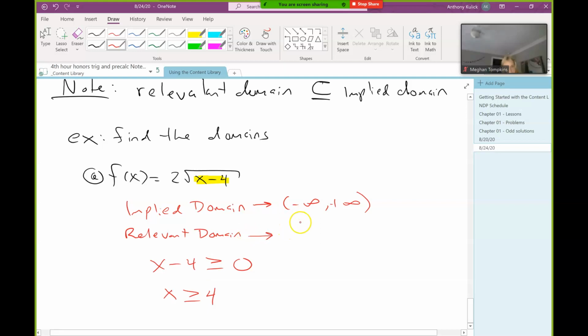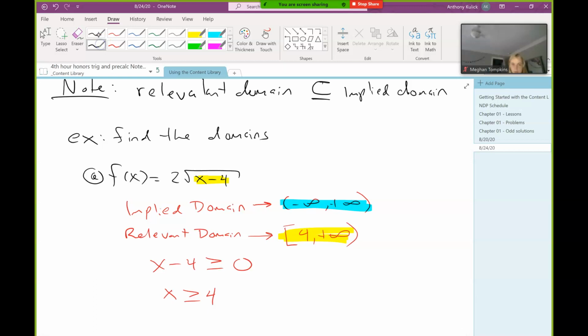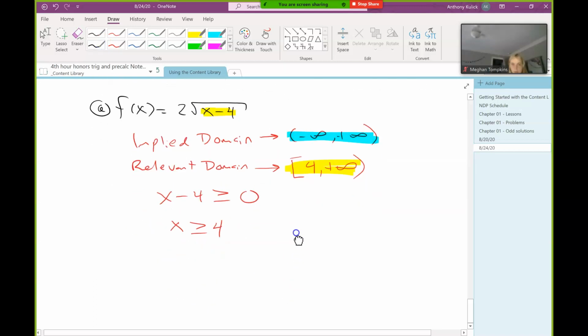So when I convert that into interval notation, I get that my relevant domain is bracket 4 to positive infinity. Is everybody okay with that? And it should be clear by looking at this that 4 to positive infinity is definitely a subset of all real numbers, right? That's just part of the number line. Let's do another example.